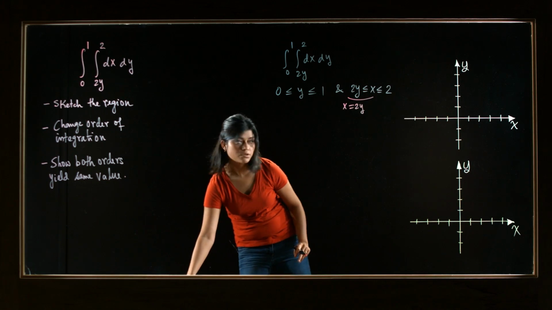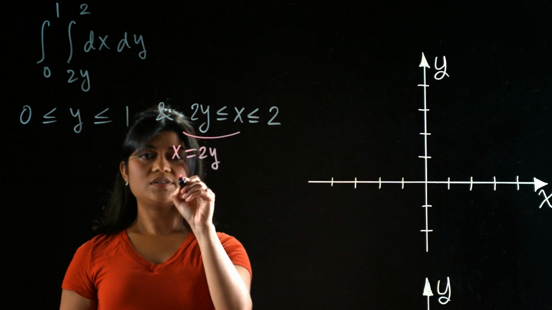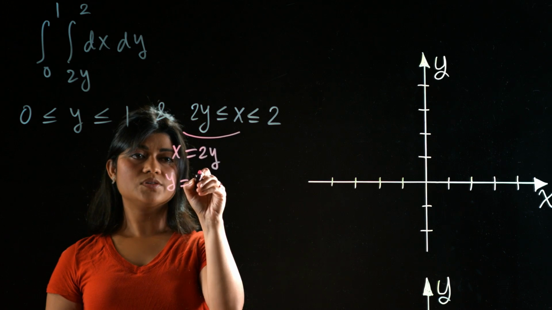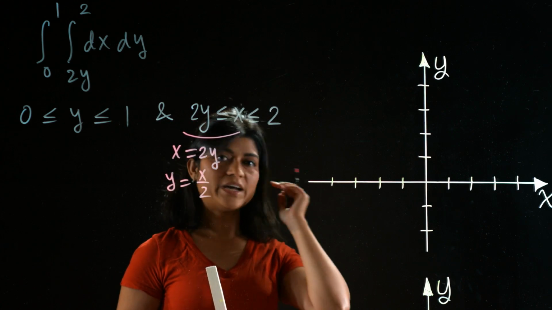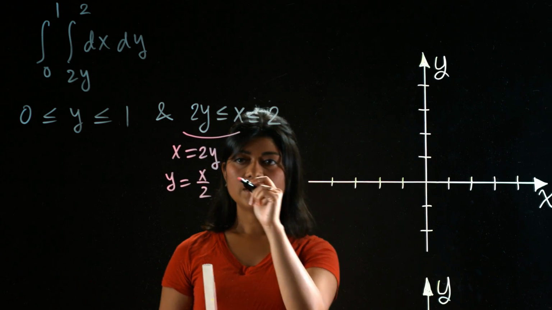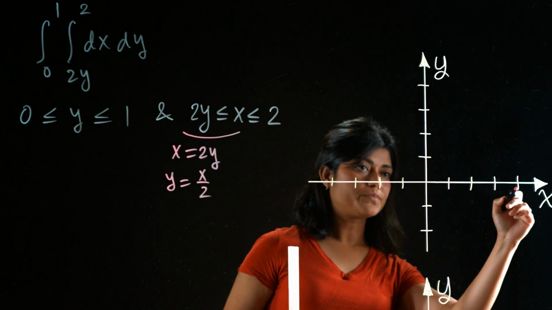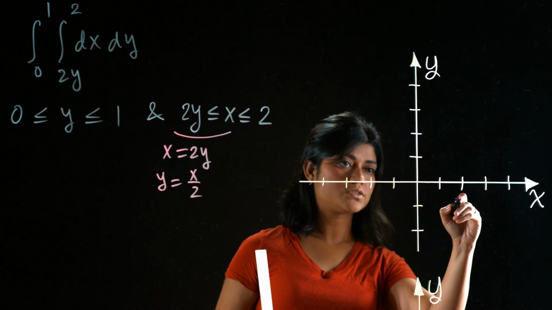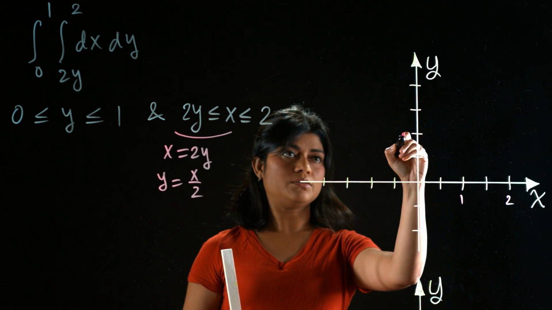So let's graph that first. It passes through the origin, because x equals 0 gives y equals 0, and x equals 2 gives y equals 1. Let's say this is 1 and 2, and then here we have 1.